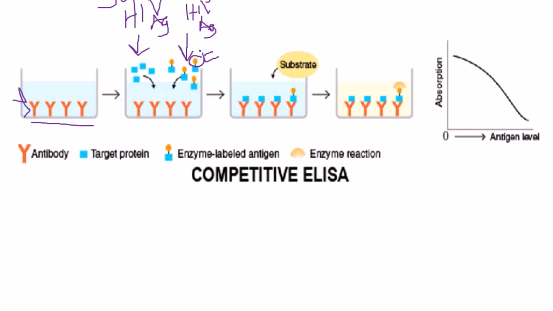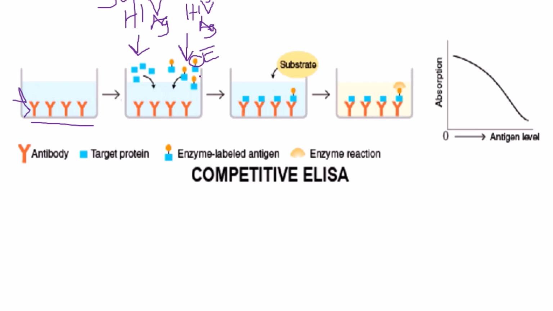This is an enzyme. So you add serum which you suspect has HIV antigens, and synthetic HIV antigen that is conjugated to an enzyme. So these two, because they are the same antigens, are going to be competing for binding sites on the antibodies.